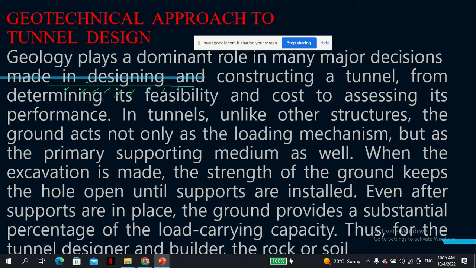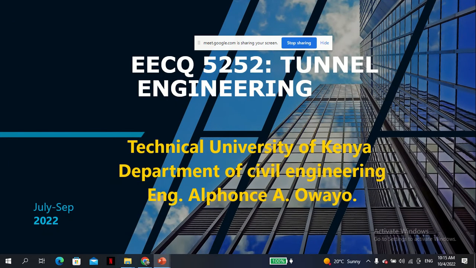So if there is no excavation, for example, or maybe I explain here, it would be easier to see.